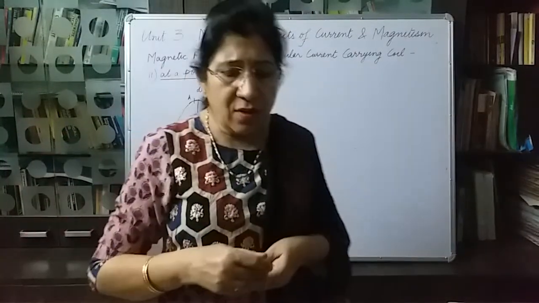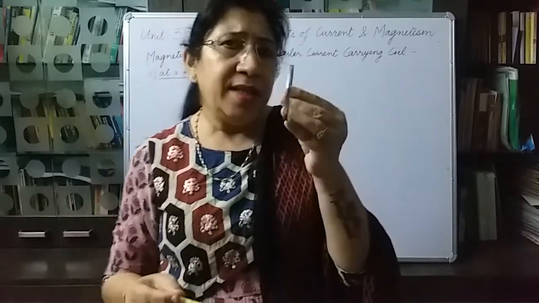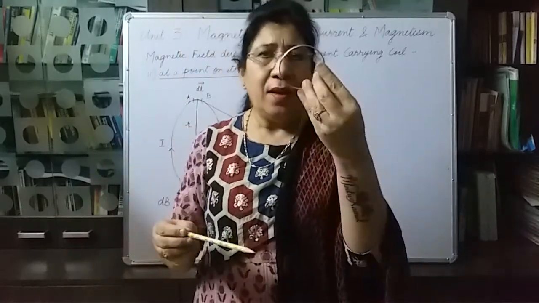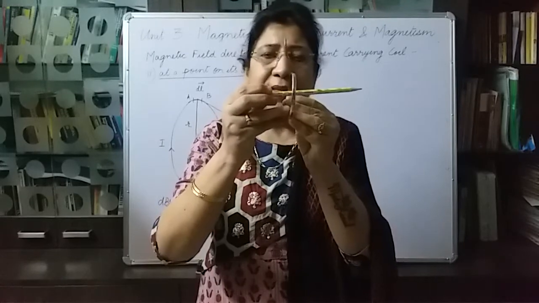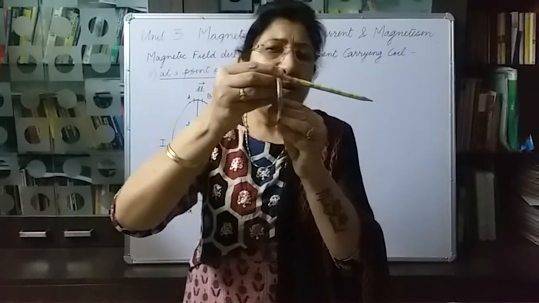Theta, when we were talking about the magnetic field at the center, theta we got it as 90. Here again, let us see this circular coil, okay, and the axis is here. The position vector is taken in this manner.